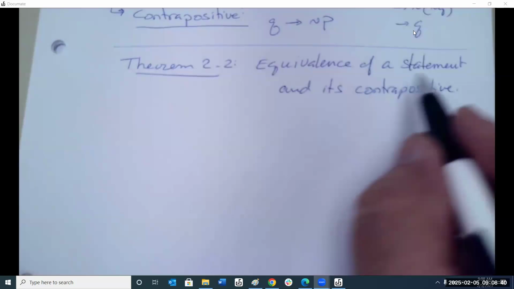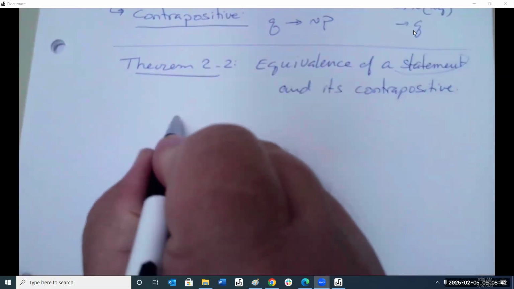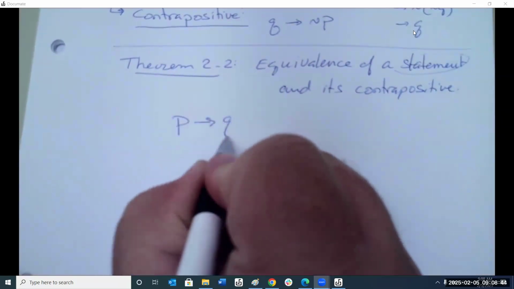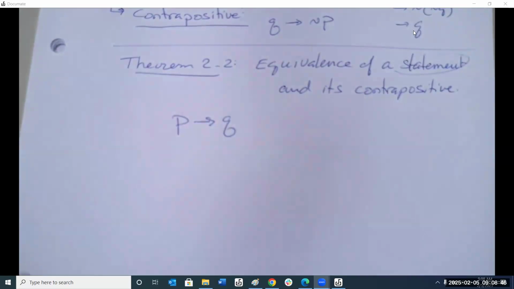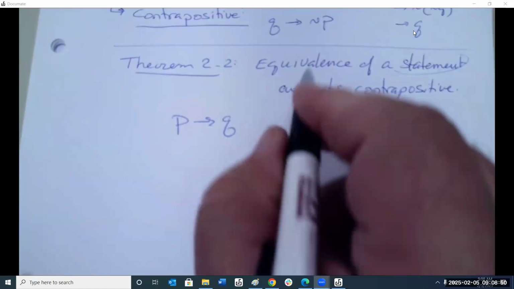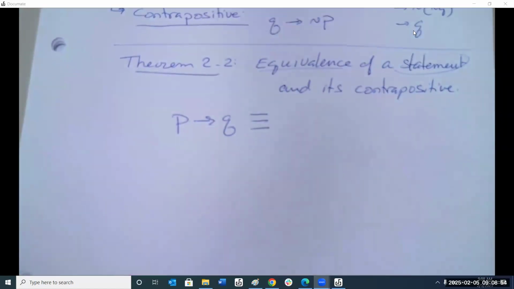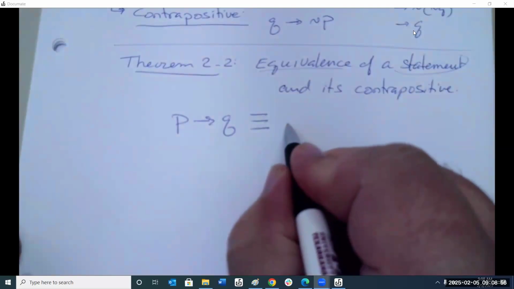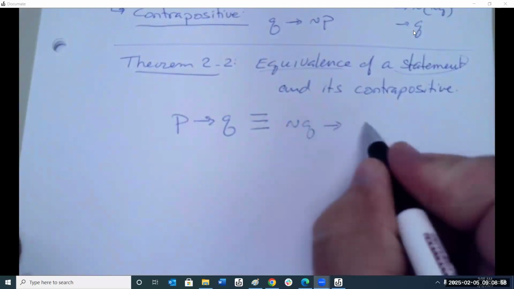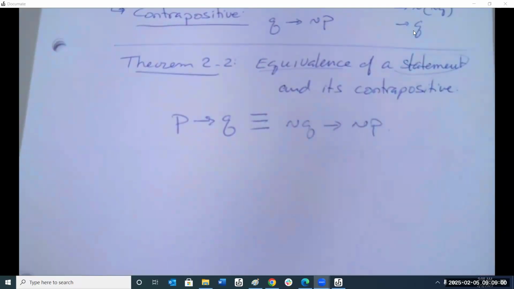What this thing says, the statement is if P, then Q. It's a logical equivalence to its contrapositive, which would be not Q implies not P.